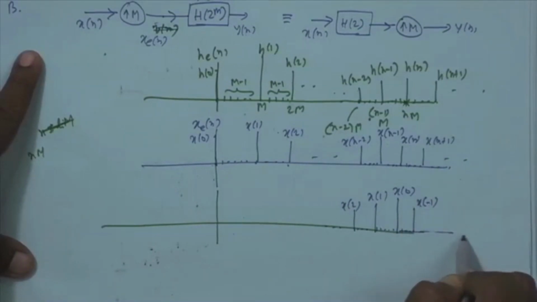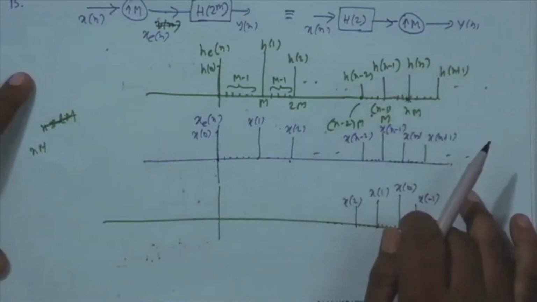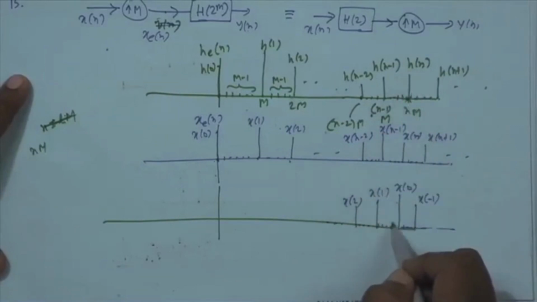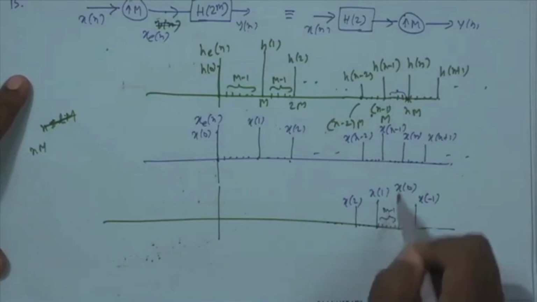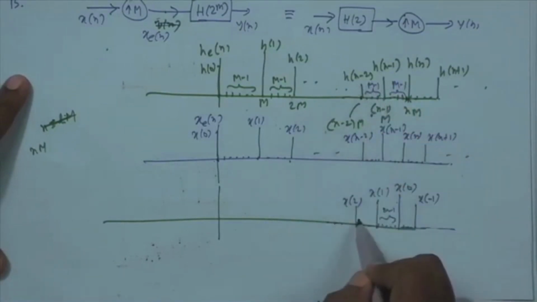And if you now multiply samples of this and this, what will you get? x 0 into h n, then zeros, m minus 1 zeros, because both are expanded by m.